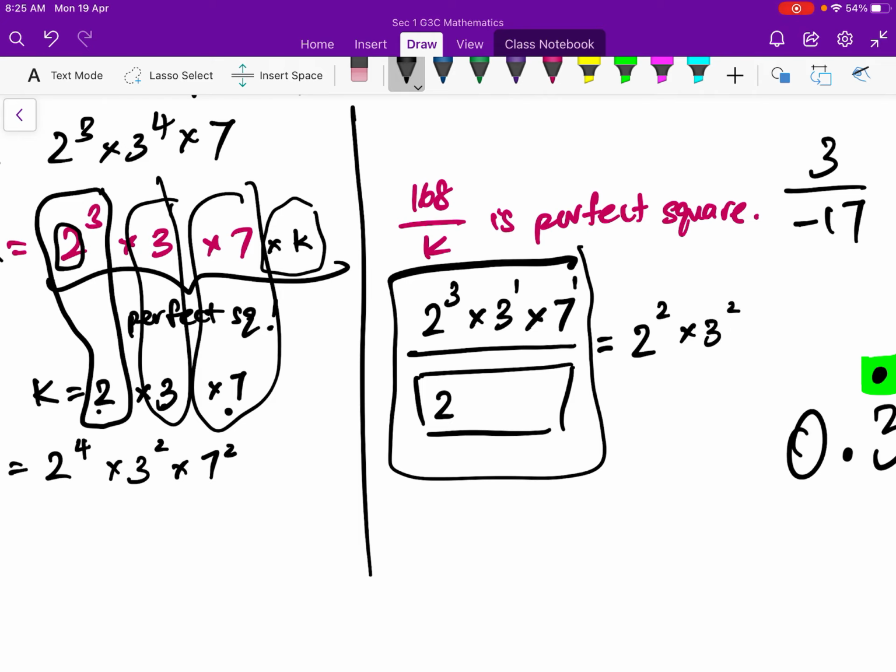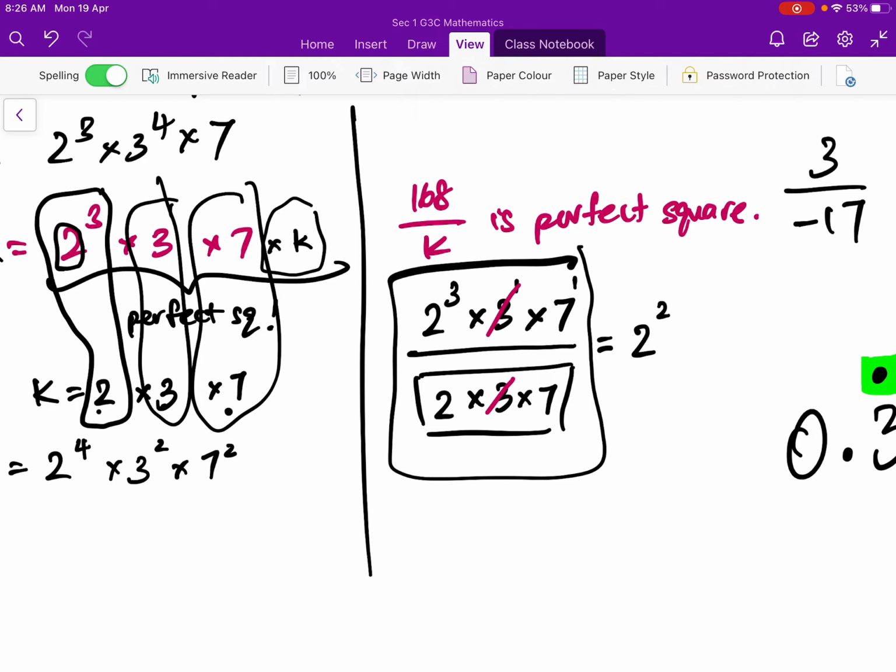Although 3 power 2 on the right hand side is a perfect square, the power actually increased from 1 to 2. That cannot happen because we are dividing. 3 divided by an integer cannot result in 9. So the only option we have left is to put a 3 in the denominator. And then it disappears. No more 3. And the same thing for the 7, divide by 7, it disappears.